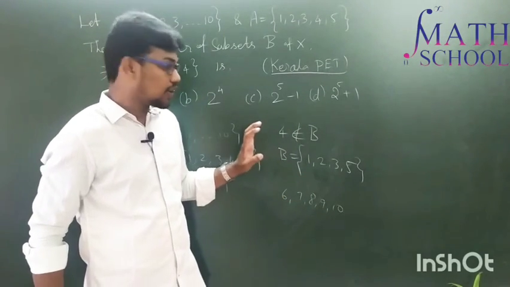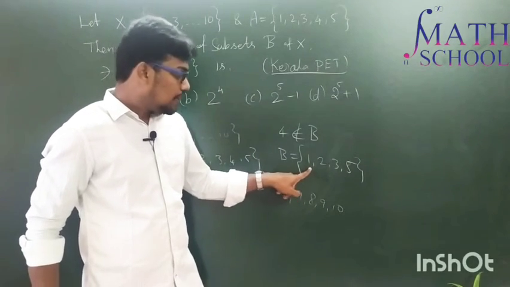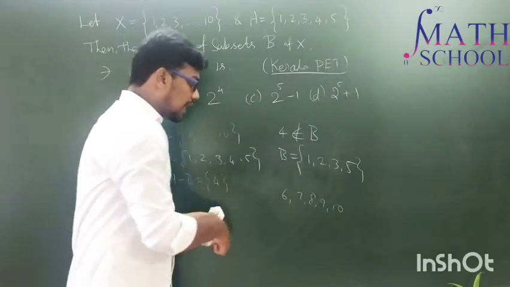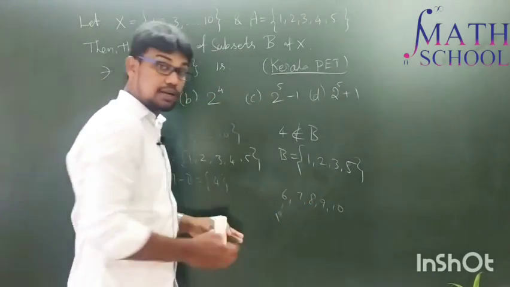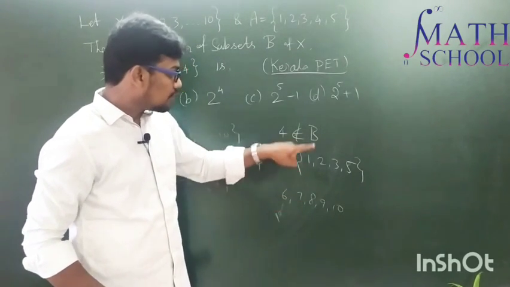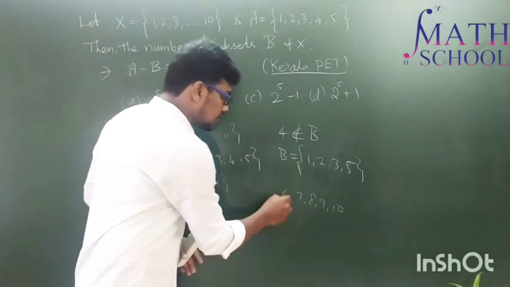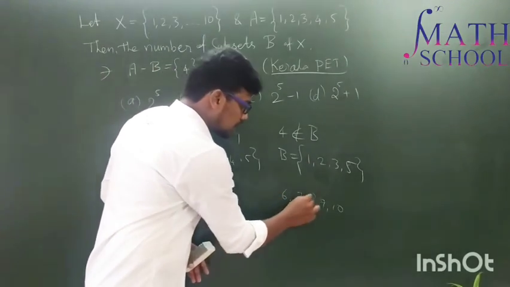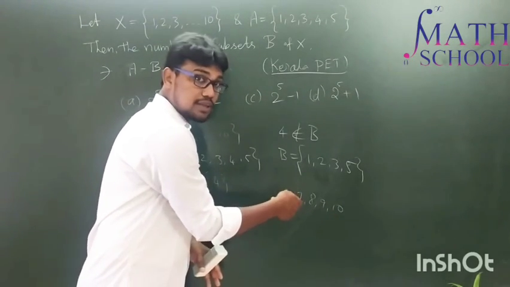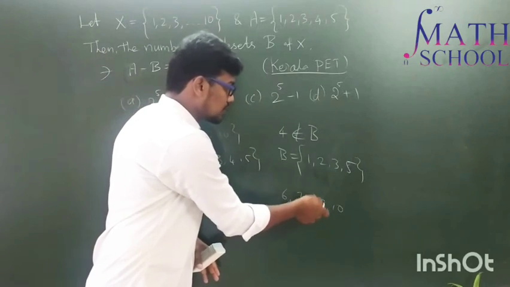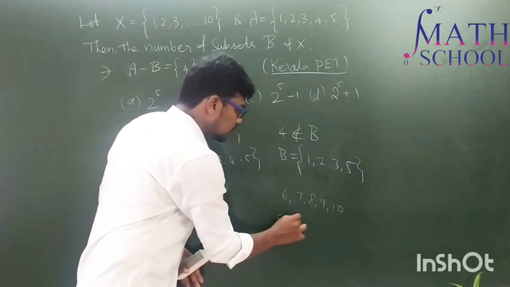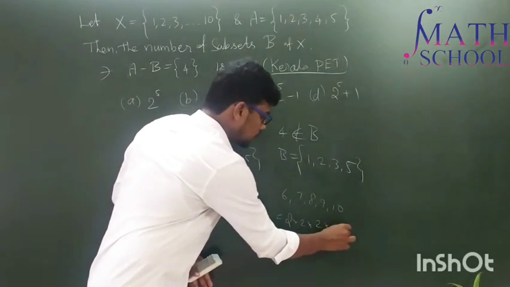Anyhow, that will be our required B. 7 may belong to B or may not belong to B, right? 8 as well. So each element has 2 possibilities with respect to the set B. There are 5 elements, so totally how many possibilities? 2 into 2 into 2 into 2 into 2.